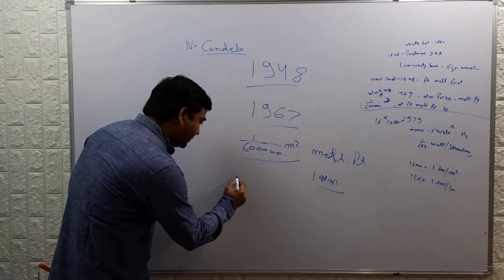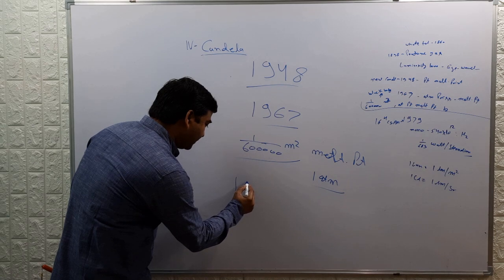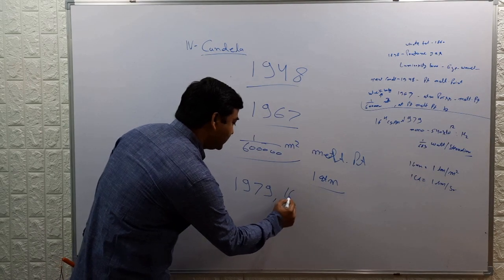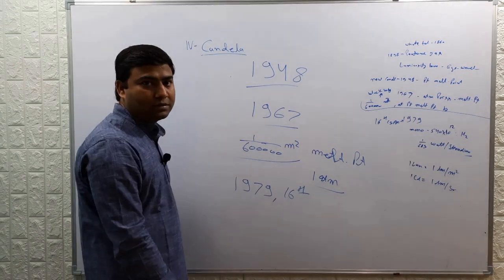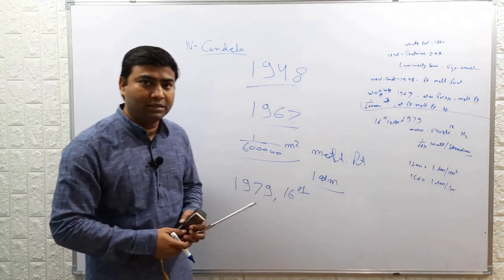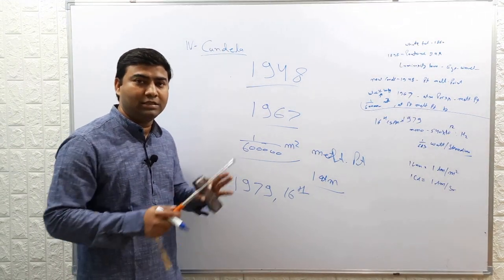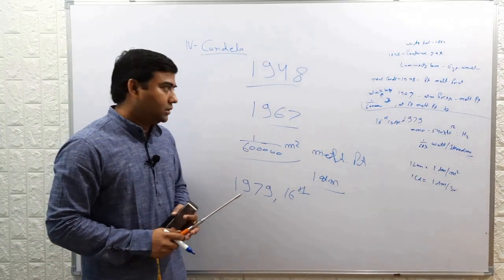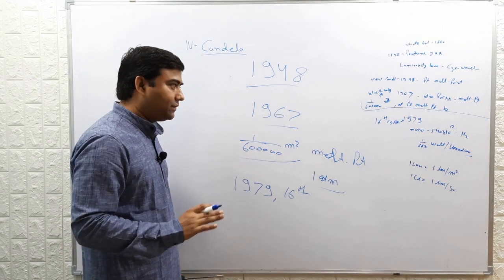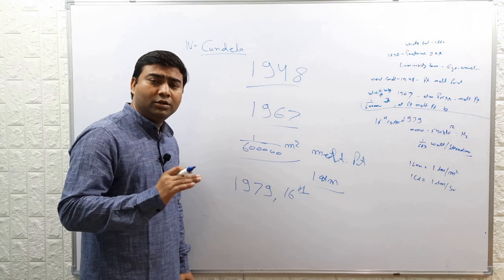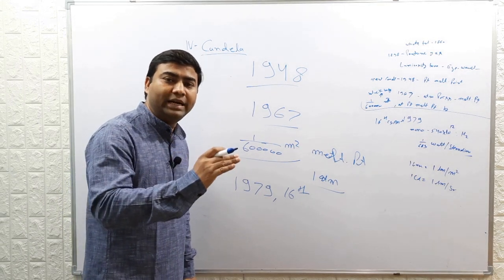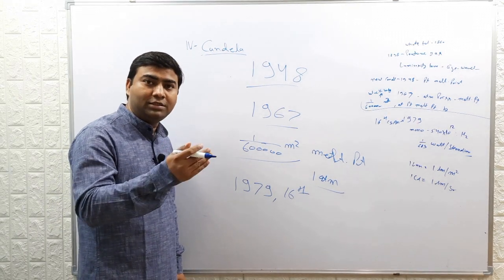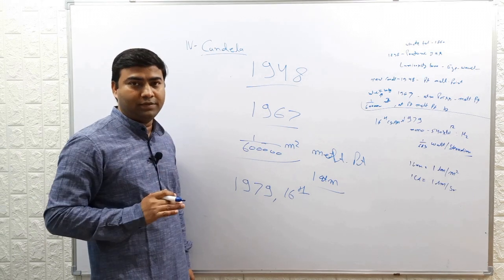So the latest definition of candela was changed in 1979 during the 16th CGPM meeting. CGPM is the General Conference for Weight and Measures. In 1979, candela was defined based on a known source of monochromatic light for which our eye is most sensitive.